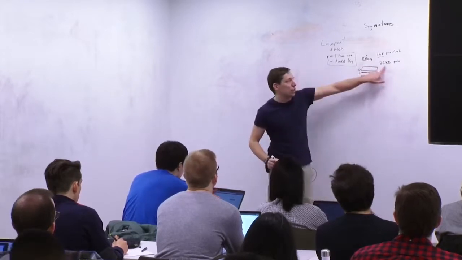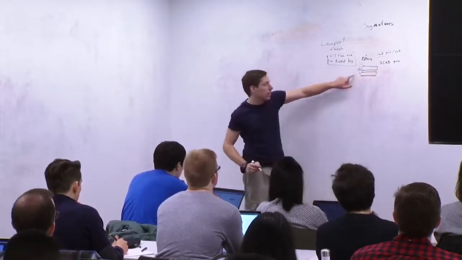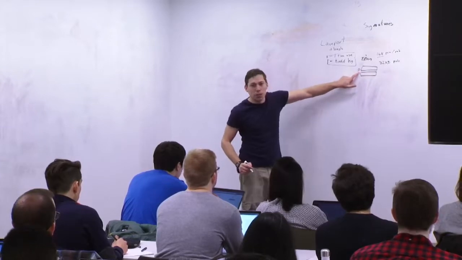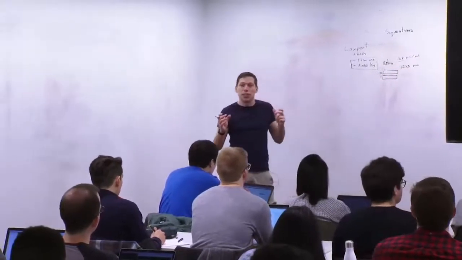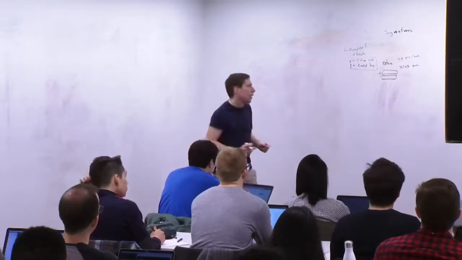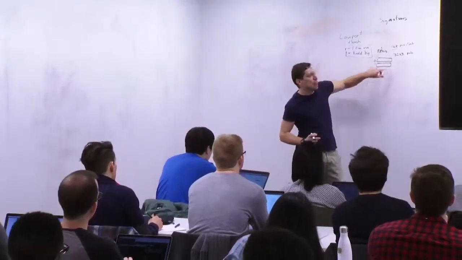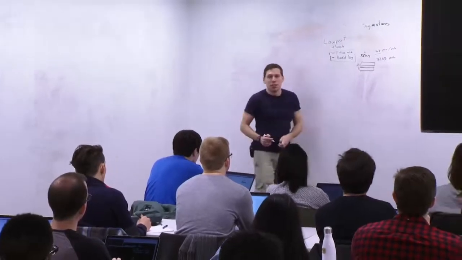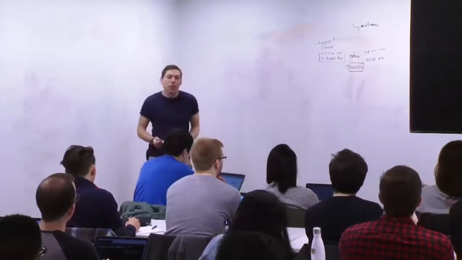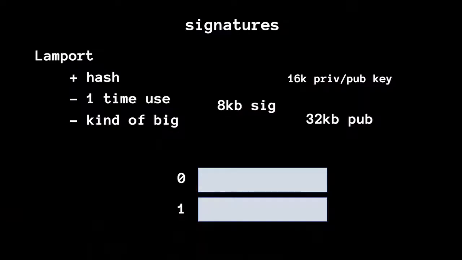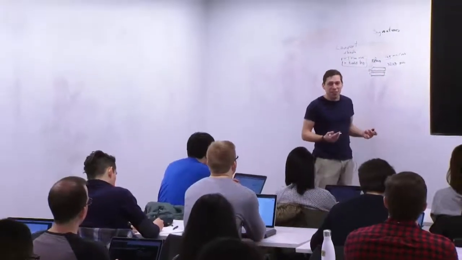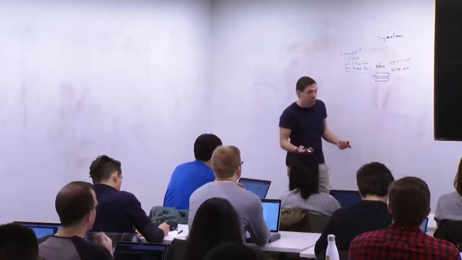You look through this 32 kilobyte public key, and if it starts with a 0, it's using the first sub key in the block, and if it's 1, it's using the latter sub key. That would let you use your public key twice, at the cost of doubling your public key size, which is not very efficient, but it does sort of work.